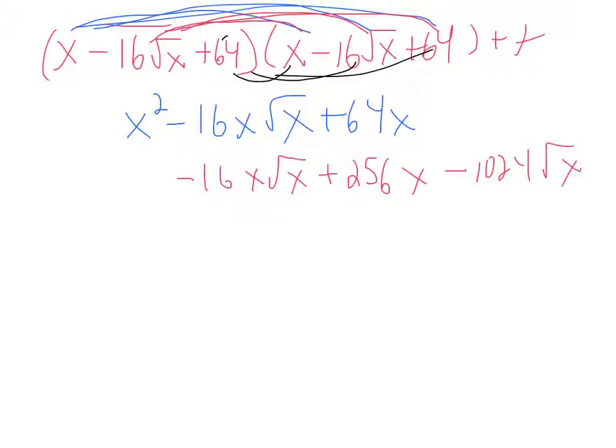So 64x gets lined up here. And then we already did 16 times 64 once, so I believe that's going to be negative 1024 root x. And then 64 times 64 is 4096.